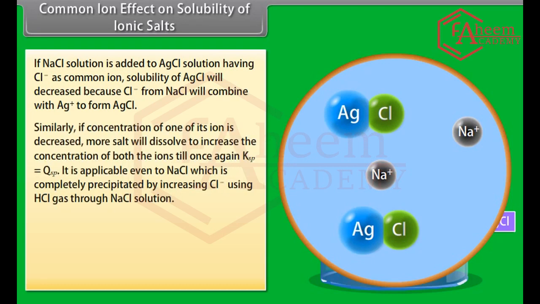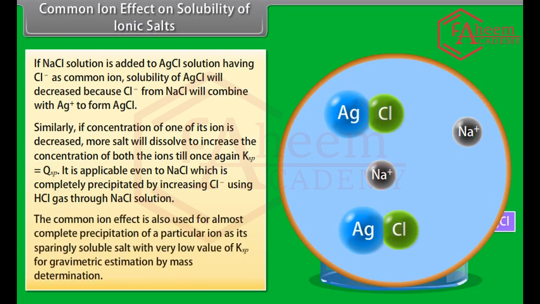Similarly, if concentration of one of its ions is decreased, more salt will dissolve to increase the concentration of both the ions till once again Ksp = Qsp. It is applicable even to NaCl, which is completely precipitated by increasing Cl- using HCl gas through NaCl solution.